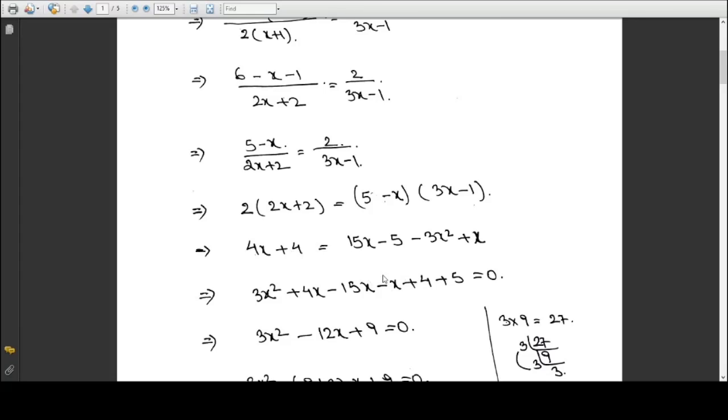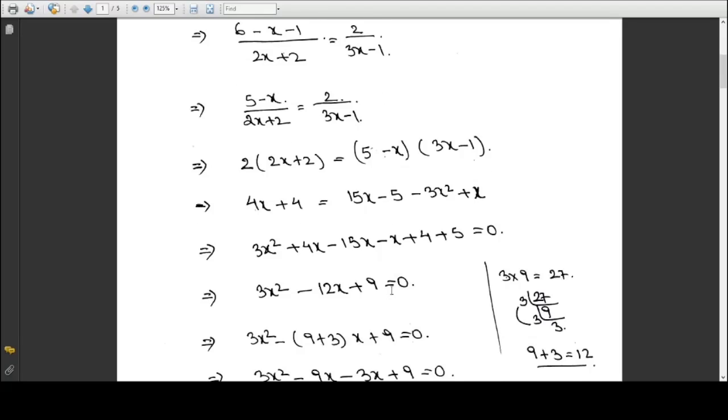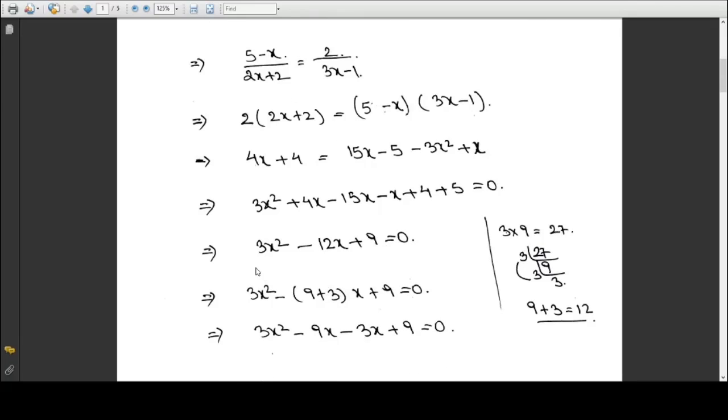And then 4 we have on the left, and minus 5 taken to the left is plus 5, equal to 0. Now you add or subtract the similar terms. 4x, 15x and x, when you add them together you will get minus 12x, and then 4 plus 5 is 9. Okay, now we arrive at this equation, which is the standard form of the quadratic equation.